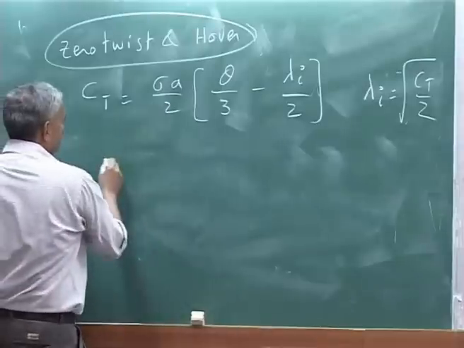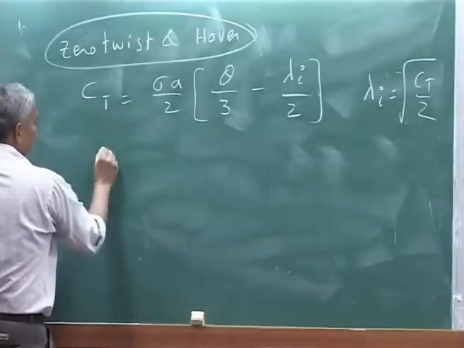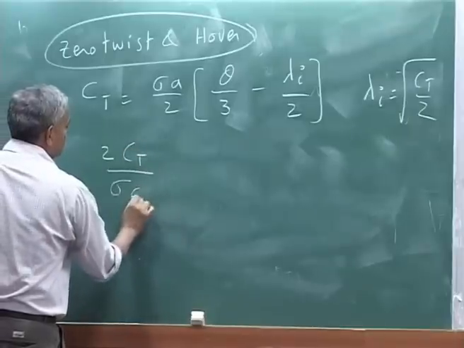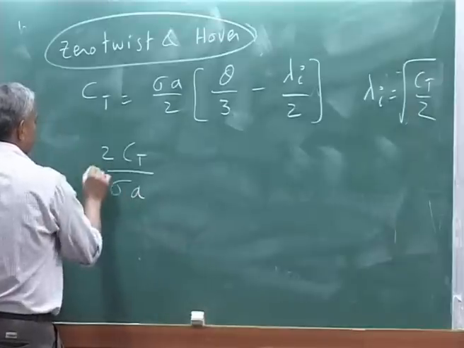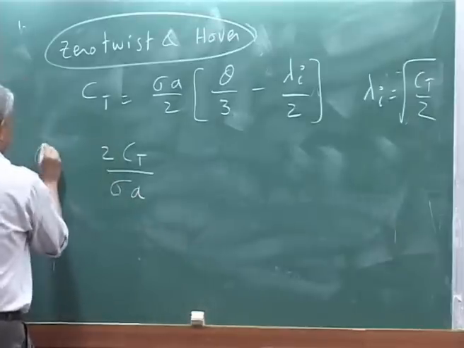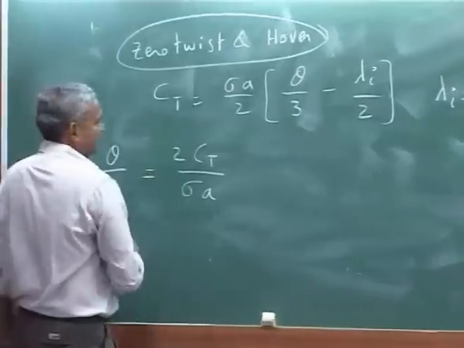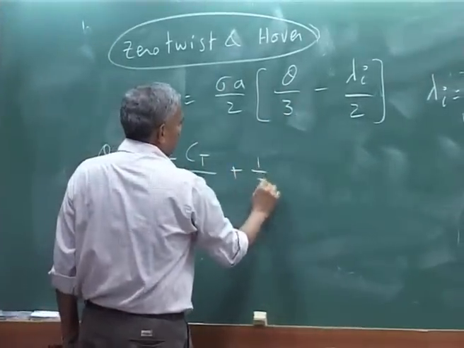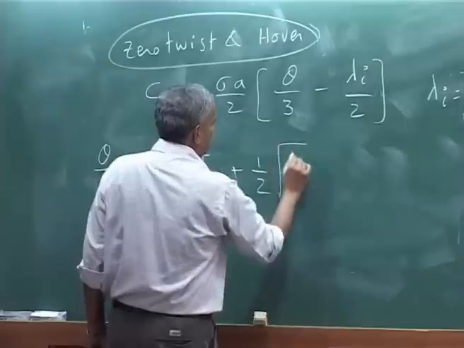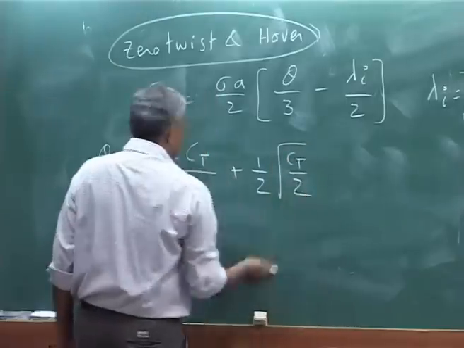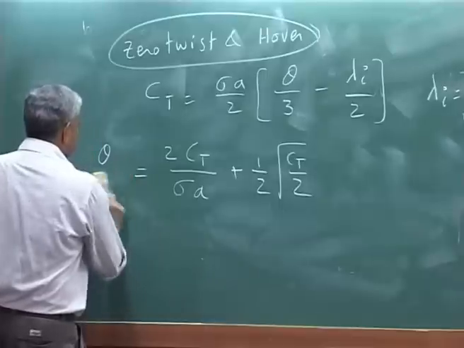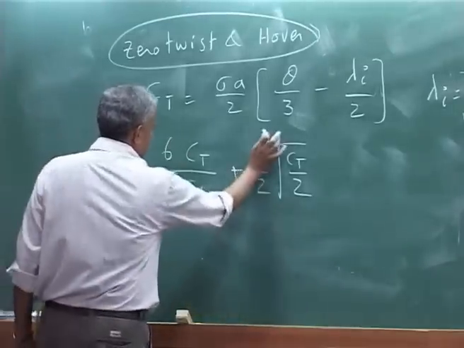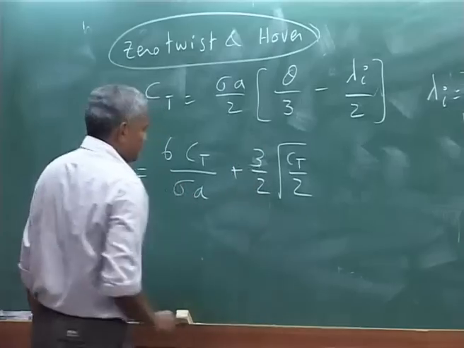If you do that, you will get what? 2 Ct over sigma A, this is theta over 3 equals, this will go here plus 1 over 2. So, I take the 3, please understand I am taking the 3 here and put it as 6.